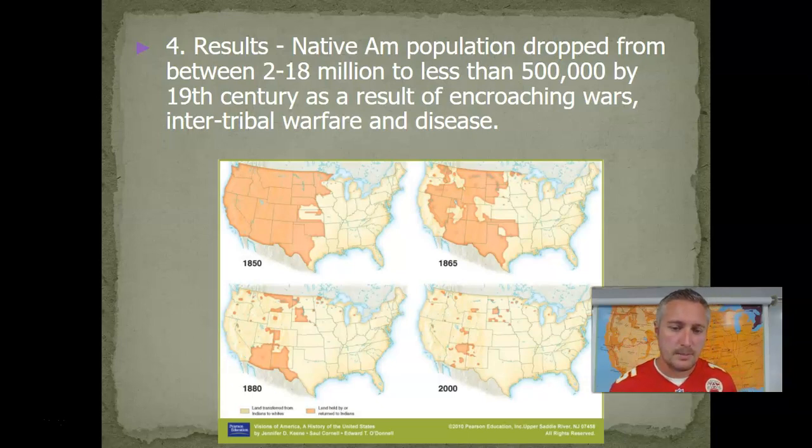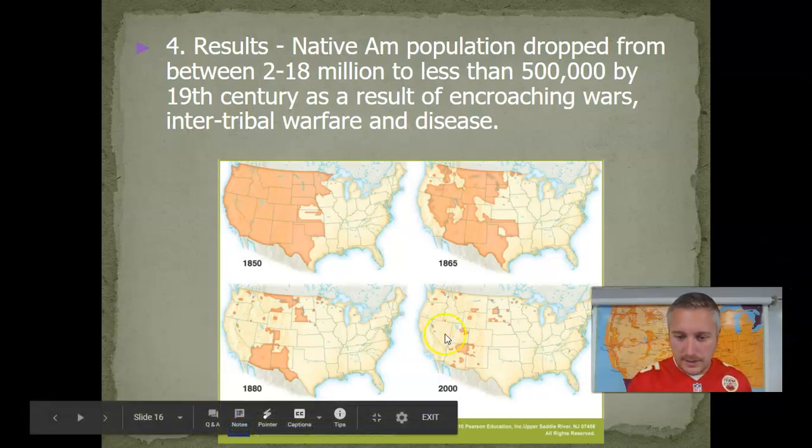And you can see in the bottom map the land which they have been assigned, I guess. Of course, in 1850, it was their land. But as settlements begin to encroach further and further, you look down in the bottom right, by 2000, how little land Native Americans still have. And again, you think about what land that is.